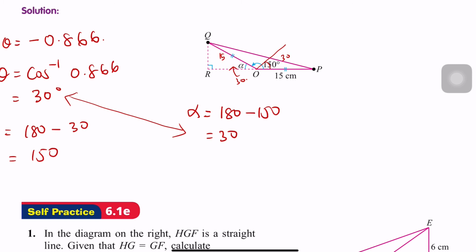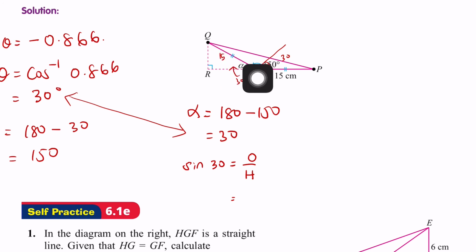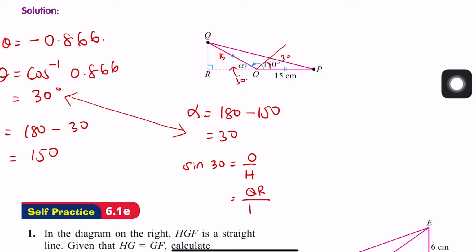Okay, so sine. So kita cuba gunakan SOH CAH TOA tadi. Okay, so sine 30. Okay, sine SOH kan, opposite over hypotenuse. Okay, so opposite ni adalah QR, betul? Opposite dia QR divide by hypotenuse. Hypotenuse kita ada 15.